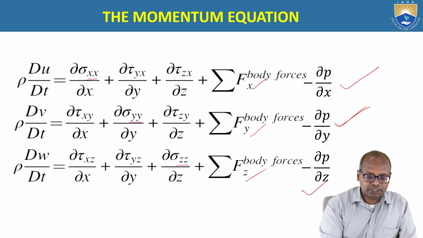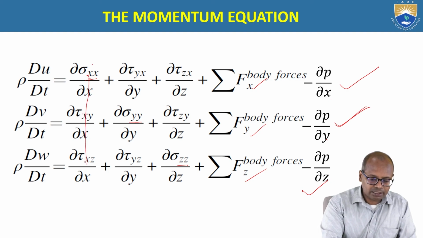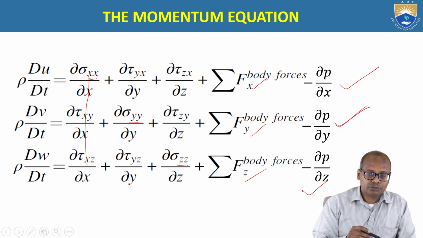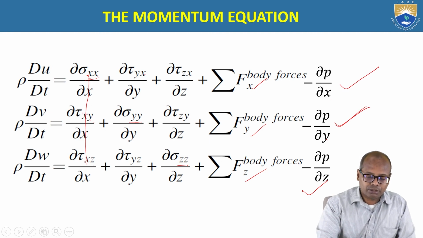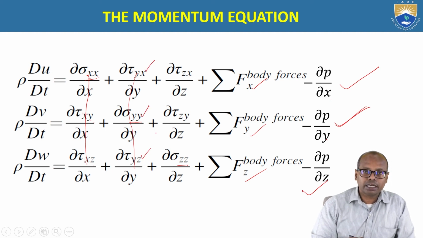Now shear stress, all these things. First one, it is varying in the x direction. You keep it common, x, y, z. It is acting in the x direction, y direction, z direction. Now here it is varying in the y direction, but acting in the x direction, y direction, z direction.